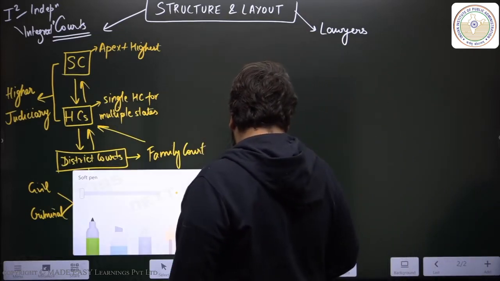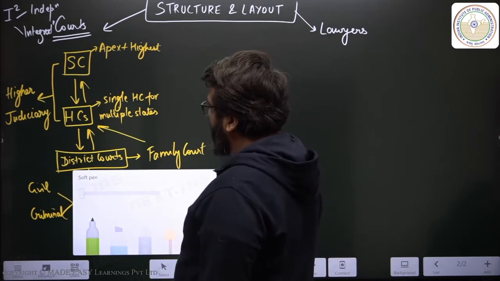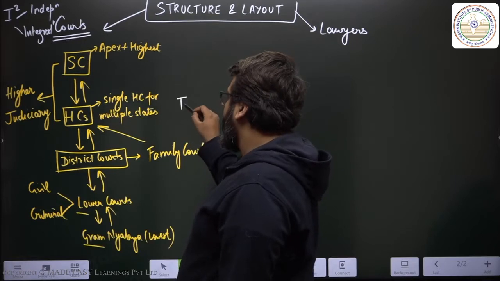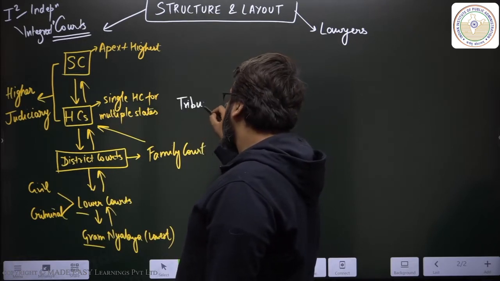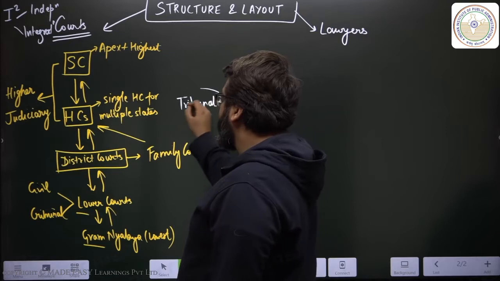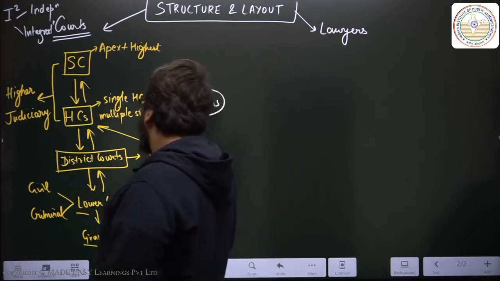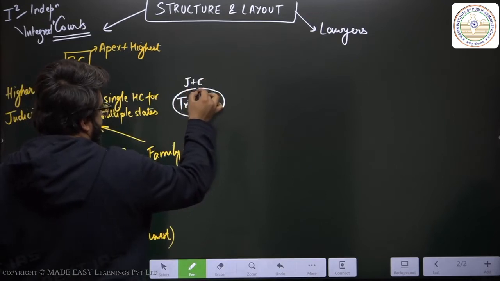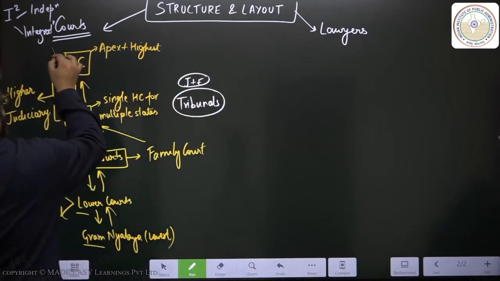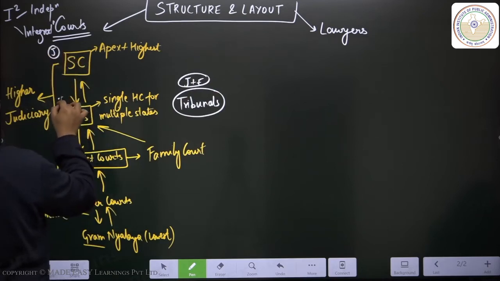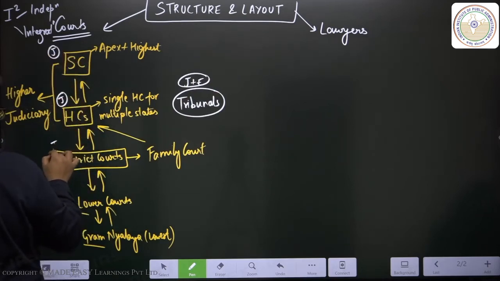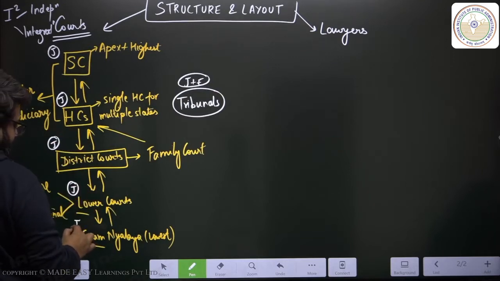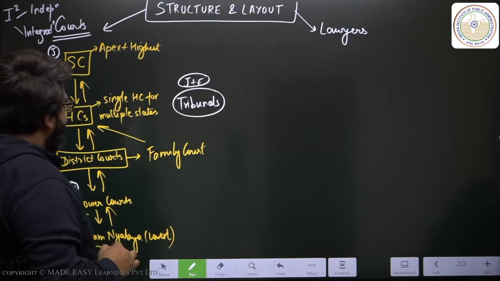Then you have, at the parallel level of the high courts, tribunals, which we have discussed before, wherein tribunals have members of both the judiciary and the executive, whereas here only judiciary.